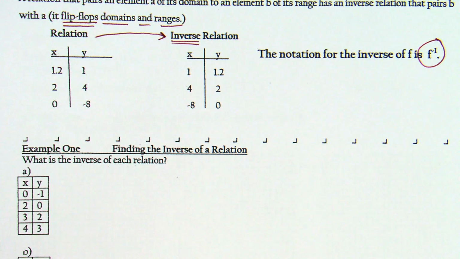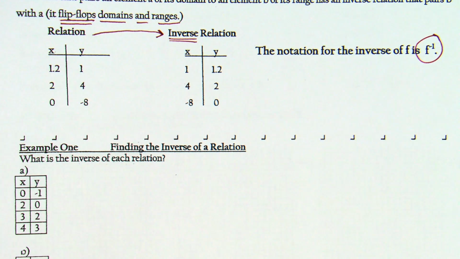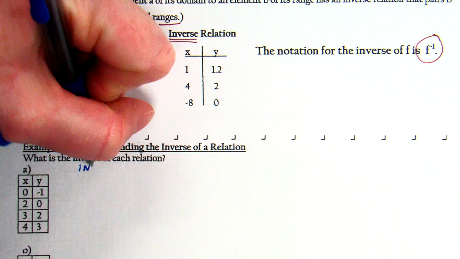Looking at example A. They give me a function, or a relation, I should say: 0, negative 1; 2, 0; 3, 2; 4, 3. What is the inverse? Just flip-flop.